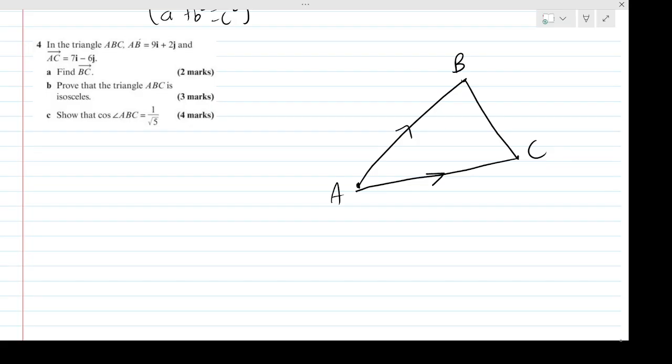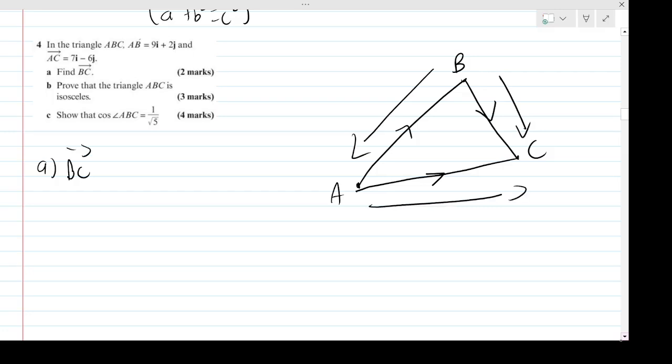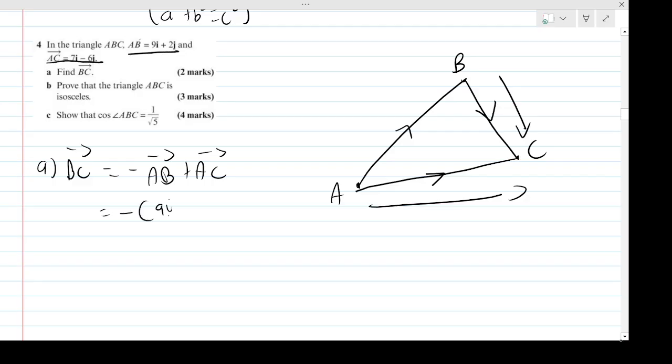We need to find B to C first of all. Well, again, we can use our sketch to say that if we want to go from B to C, we can also go from B to A and then A to C. Well, B to A is the reverse of A to B, so we can do negative AB, and then A to C. Then if we substitute these vectors in, negative AB, so negative 9i add 2j, and then add AC, that'd be add 7i minus 6j.